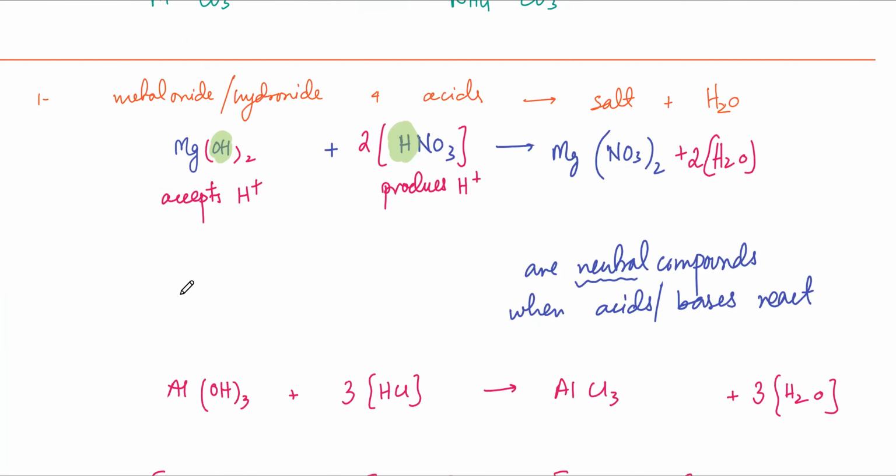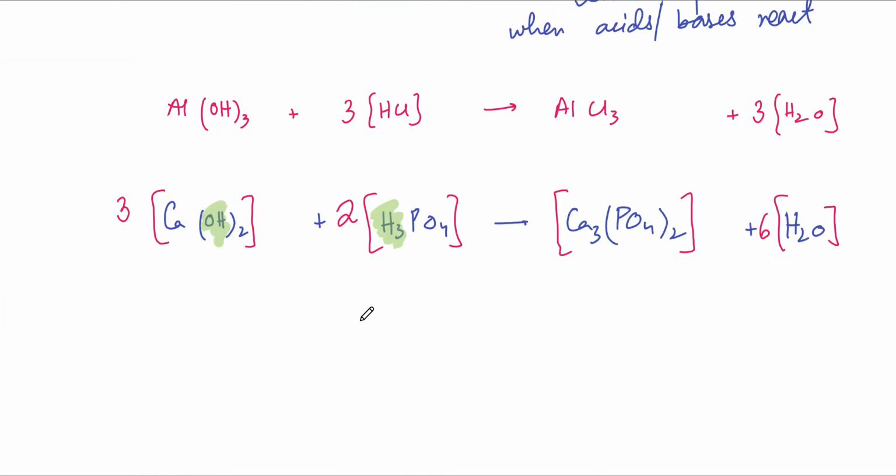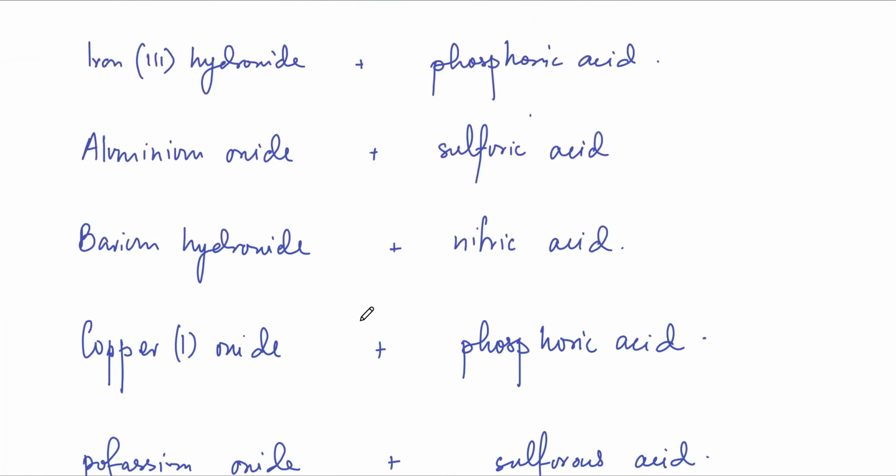And here is the first reaction that you should know of. Metal hydroxide with an acid produces salt and water, and the same applies to a metal oxide as well.